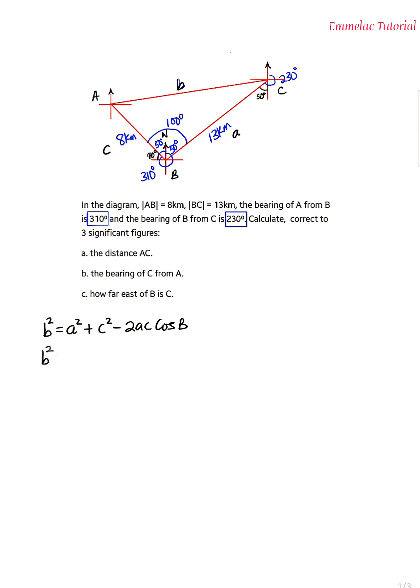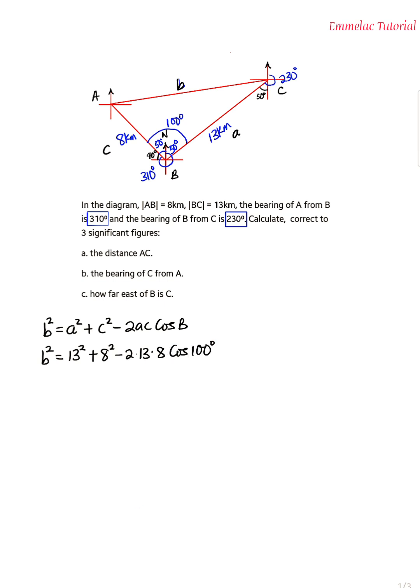Now b squared equals, our a here is 13, that'll be 13 squared, plus our c here is 8 squared, then minus 2 times a, which is 13, times c, which is 8, then cos 100 degrees.